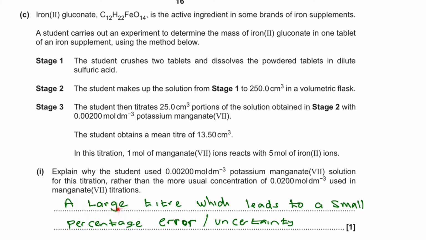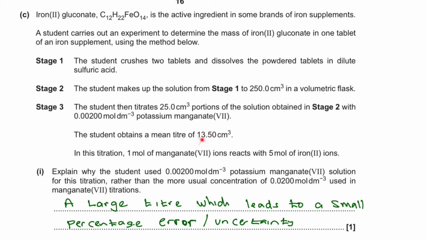Well, a large titre leads to a small percentage error or uncertainty. So you would use a large titre because it will lead to small error. So you want small error rather than a large error. That volume is large. If you were to use 0.02, the volume would be about 10 times less, so that would be 1.35.